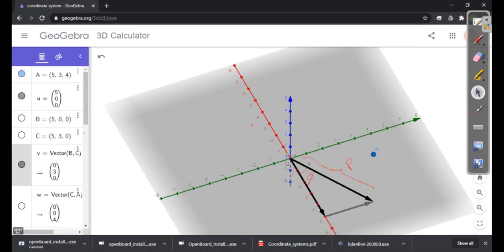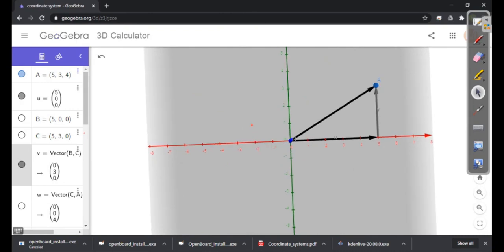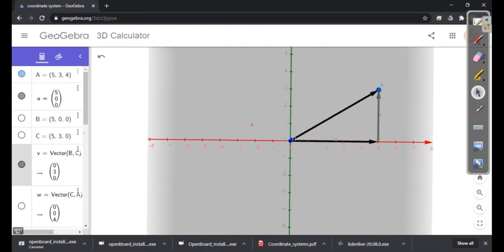So I will rotate this one such that I can see this properly. I will erase this one. I will rotate till I am getting a right angle triangle. So what are these three things? This is rho, this is phi, this is the x axis, this is the y axis.